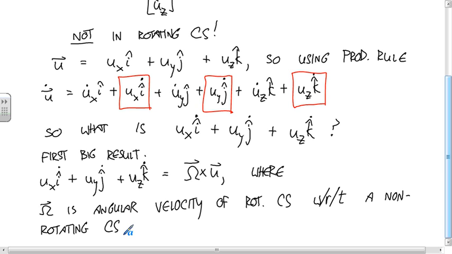And notice how general this result is. This says that no matter what your vector is, no matter what that vector is measuring, if you want to take the time derivative of that vector, you're going to have this correction term that's equal to the angular velocity of your rotating coordinate system crossed with that vector.